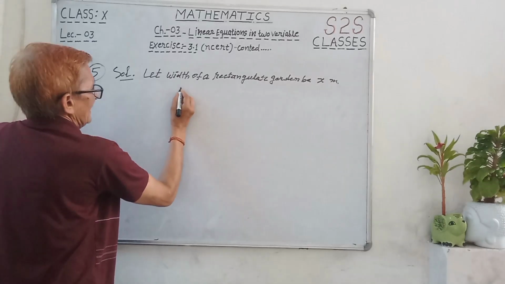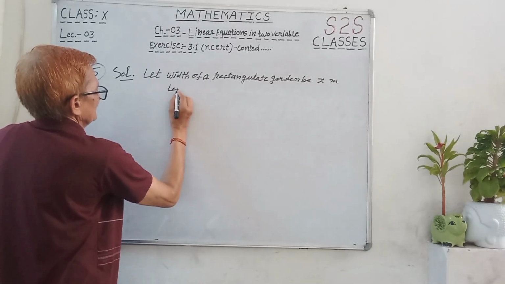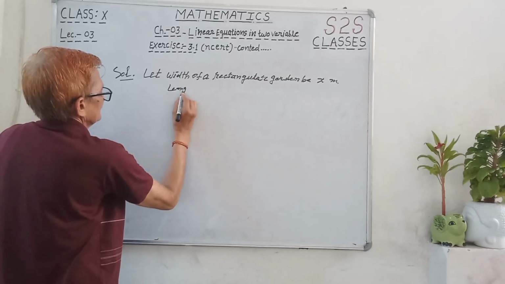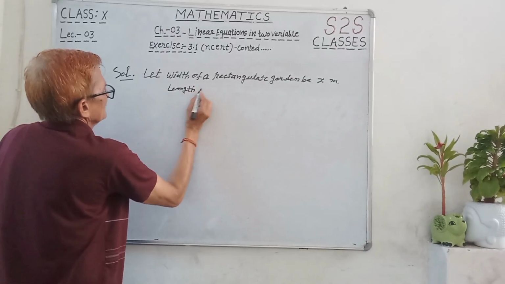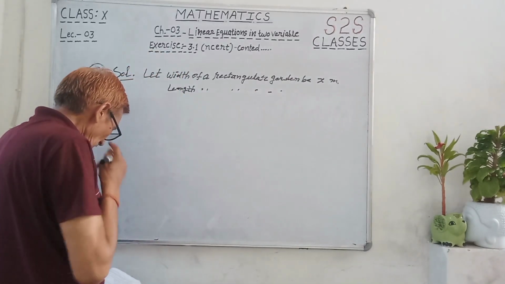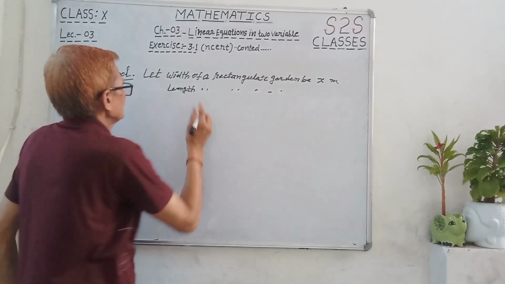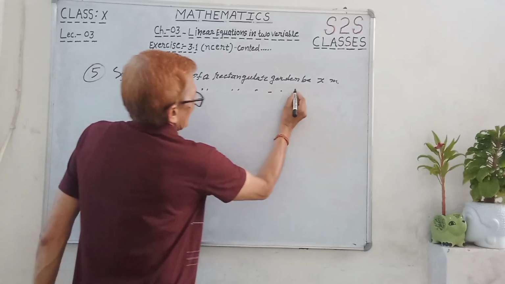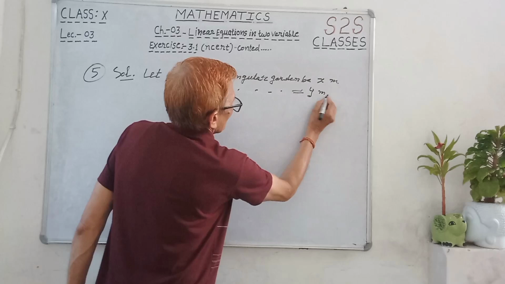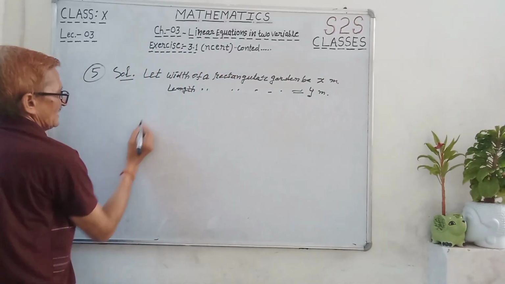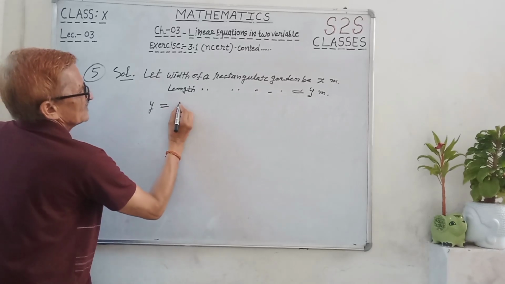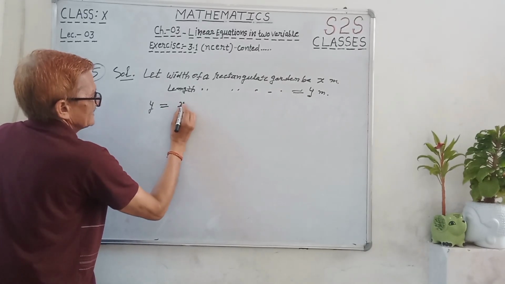So let the length of the rectangular garden be y. According to the condition, y, the length, is equal to 4 more than the width.